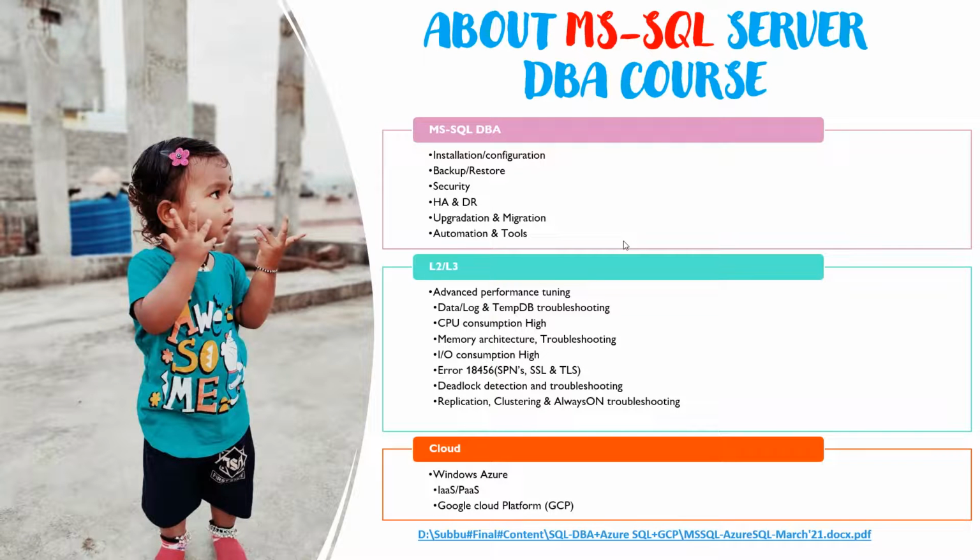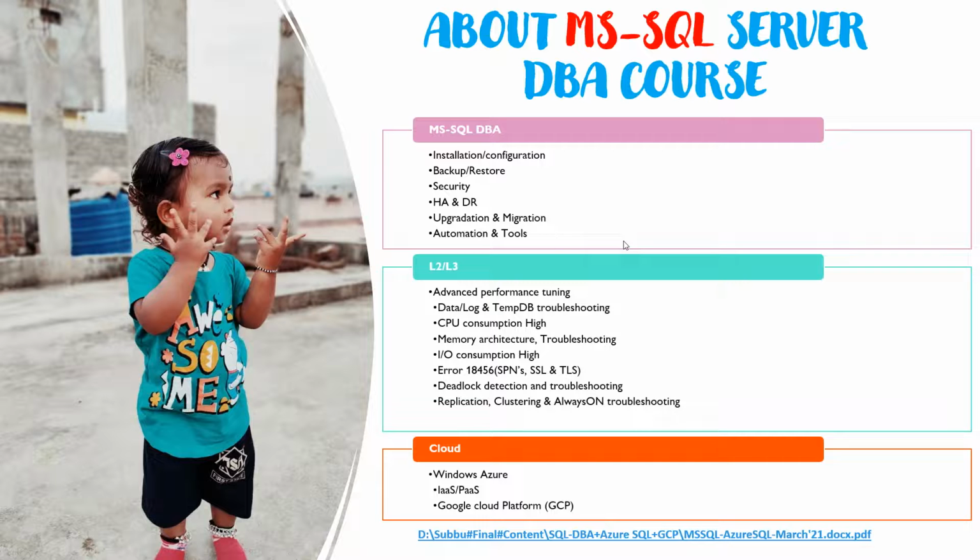In L1, we are going to discuss the complete core components: what is SQL Server, what is SQL Server architecture, how to install and configure SQL Server, how to take backups, how to perform restores, and security. Key components like high availability and disaster recovery, migrations, upgrades, and automation and tools. What we can automate, and what inbuilt tools are provided by Microsoft, we are going to cover in L1 DBA.